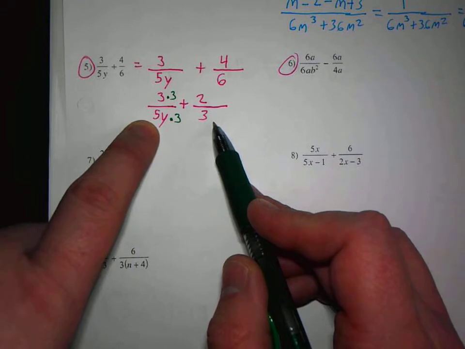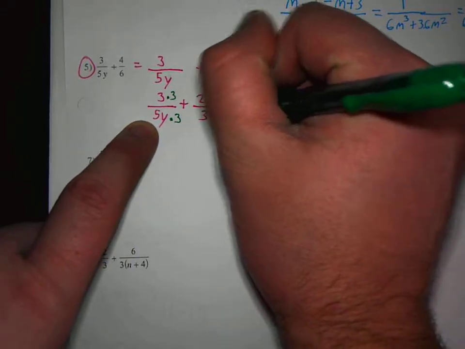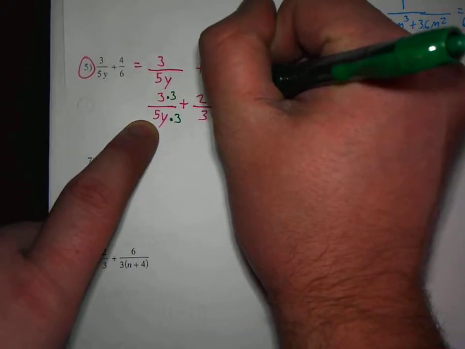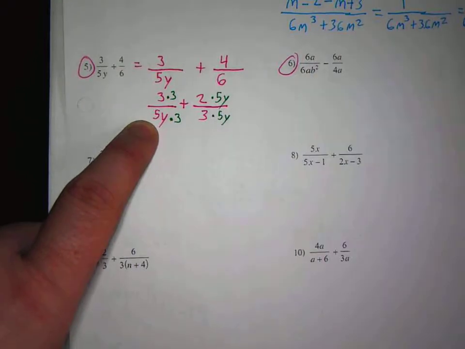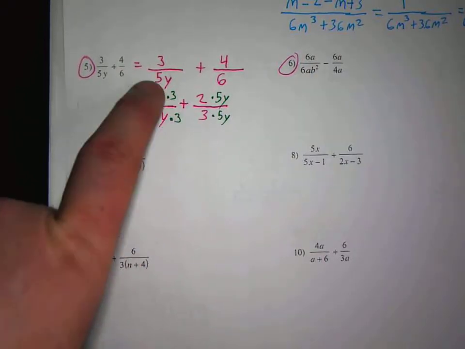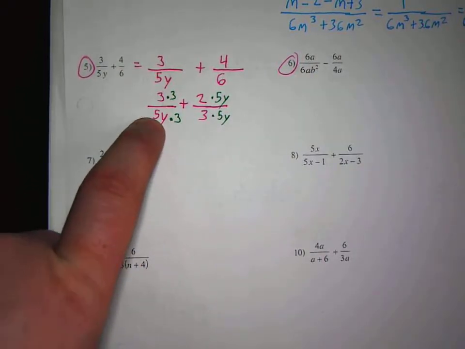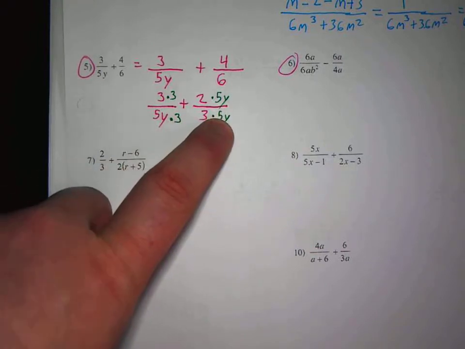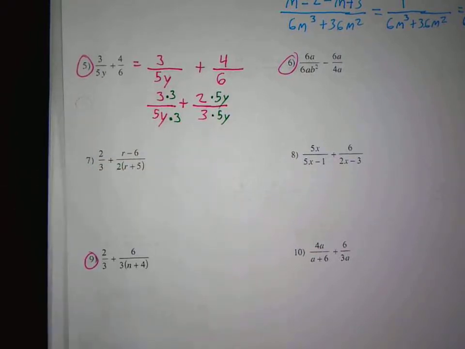And if you give this one a 5y, and I wouldn't always, some kids just always do that. Like if this is a 3, they give both these a 3, if that's a 5y, they give both those a 5y. You could do it that way and it always works. But if you don't stop and think about it first, you could end up with some really large fractions. Okay?